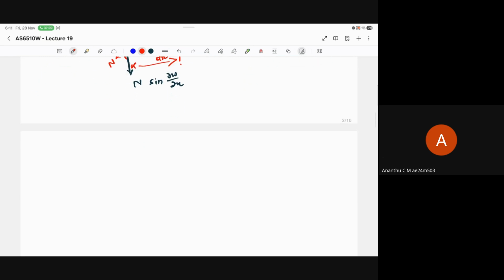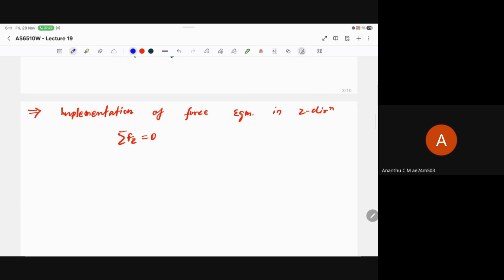Okay, now we are ready to apply the force equilibrium. So implementation of force equilibrium in the z direction. Okay, so forces in the z direction equal to 0. Now the very first force, the pressure force, is acting in the positive z direction.